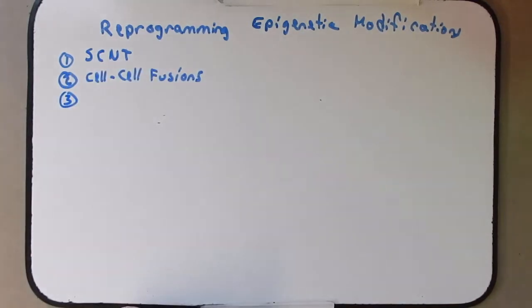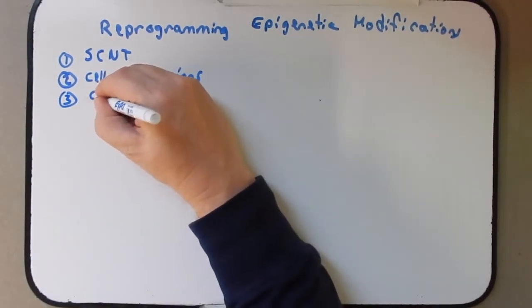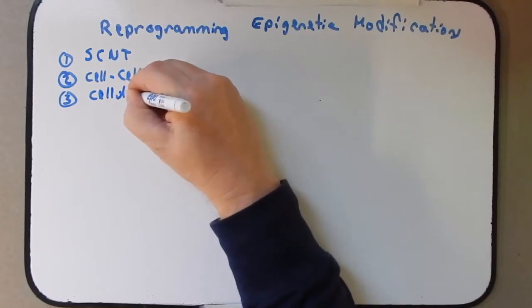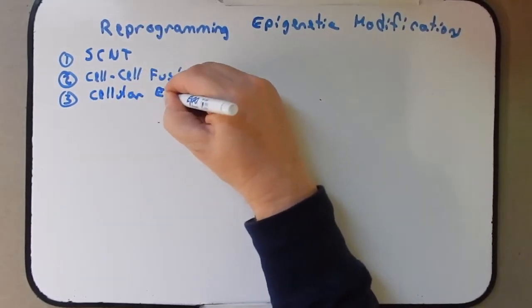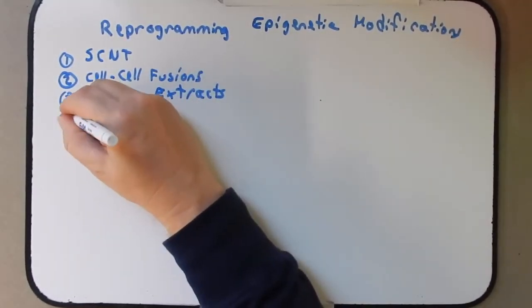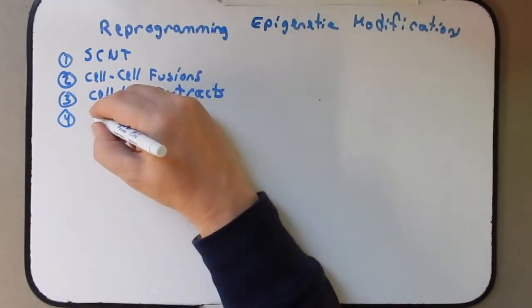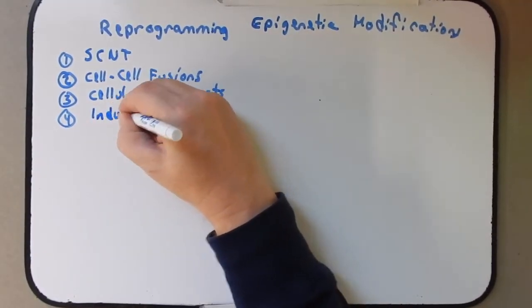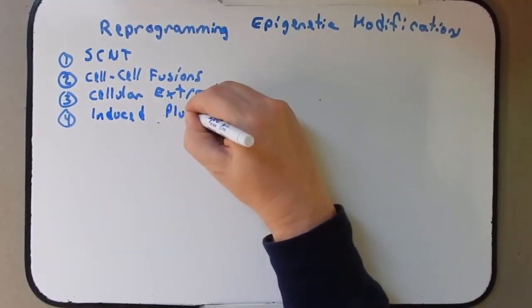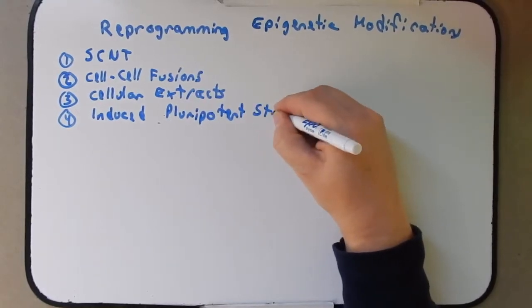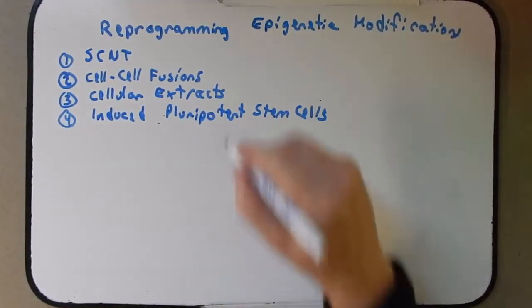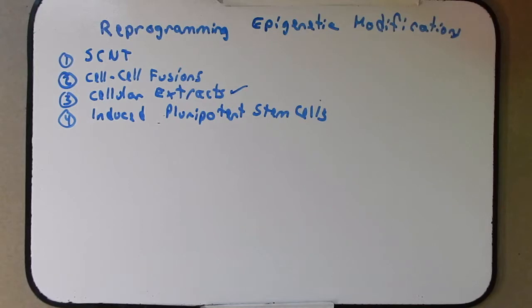The first one is reprogramming by the use of cellular extracts, and then a technology called induced pluripotent stem cells. But we're going to begin with cellular extracts.